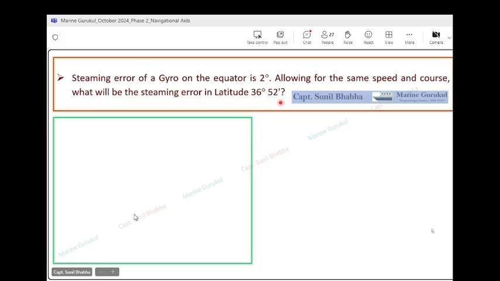So is the question clear, beta? Okay, let's see the solution.